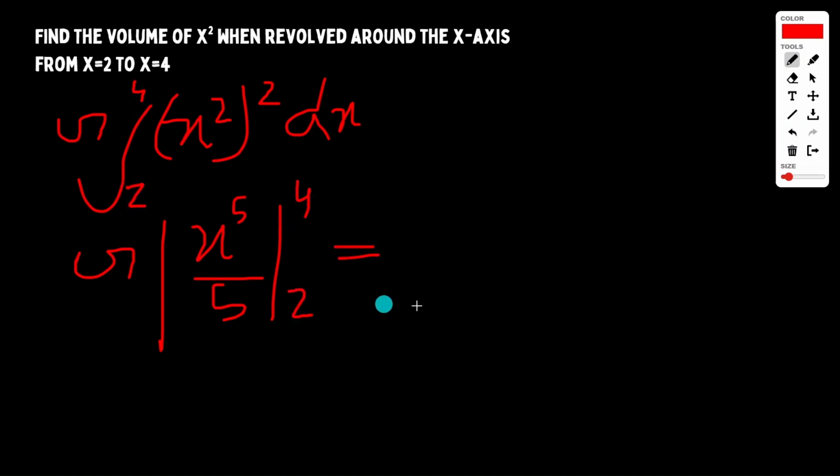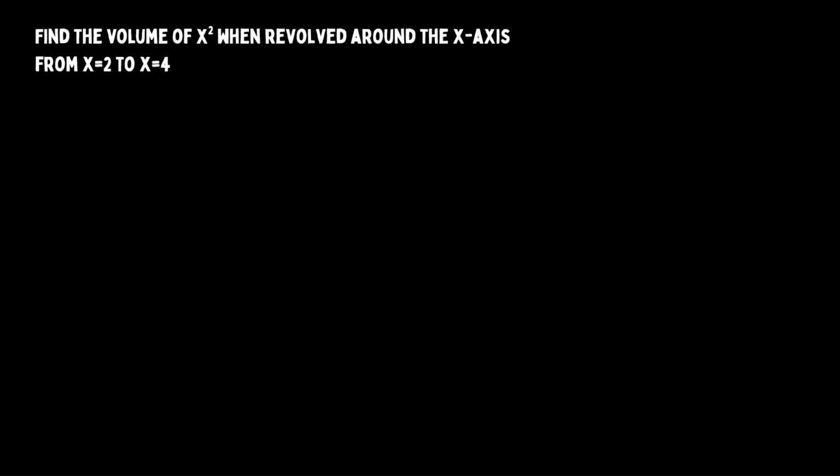And if we were to evaluate these limits, then we would get 198.4 pi. That's going to be our volume for that specific solid of revolution. So that's how you calculate the volume of a solid of revolution.